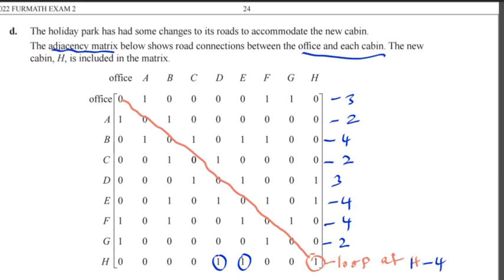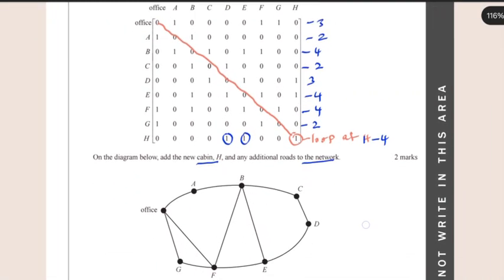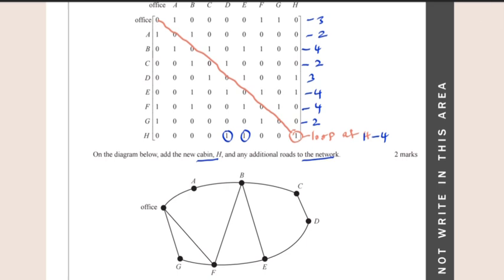Now look at your diagram and try and match it up to the degrees that you can see. So the office is 3, and I can see that there are 3. A is 2. Yes, I can see A is 2. B is 4. Yes, it's 4. C is 2. D is 3.